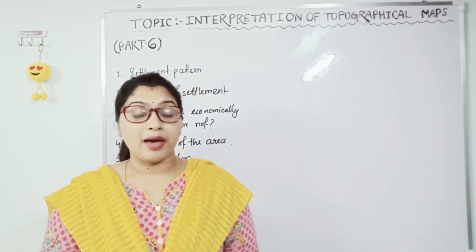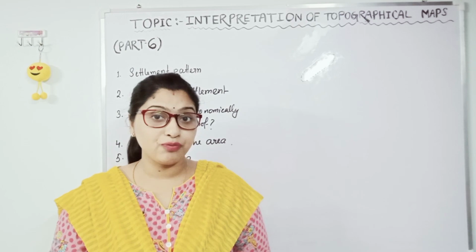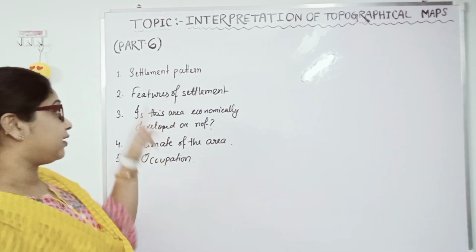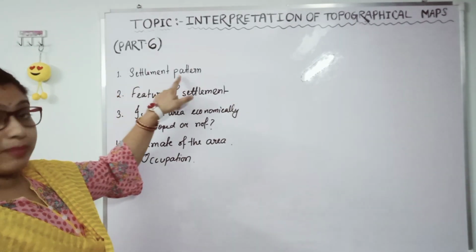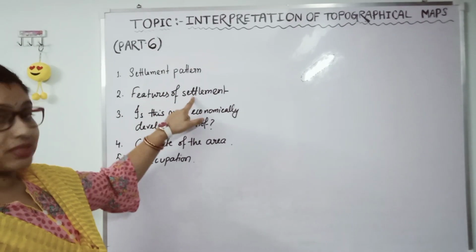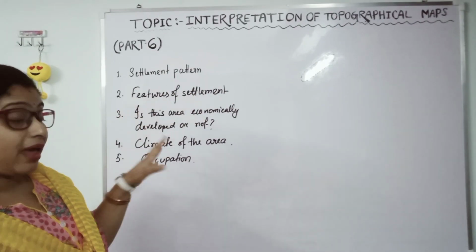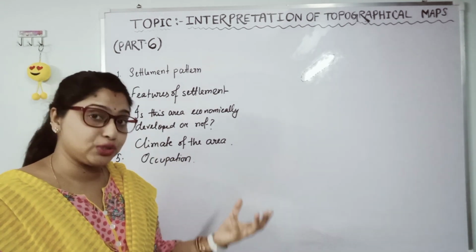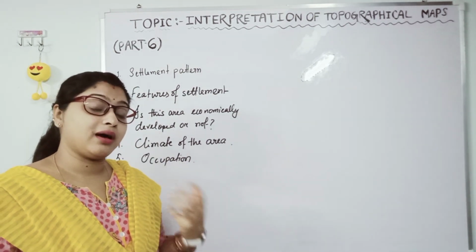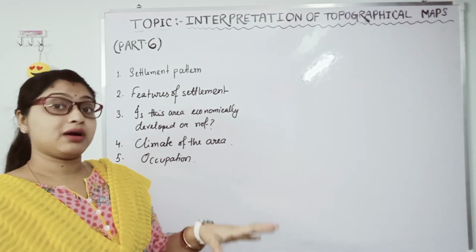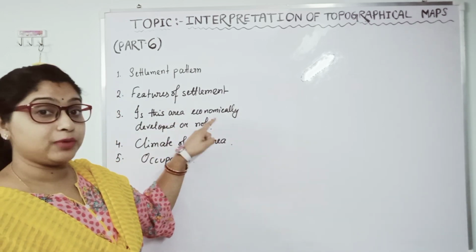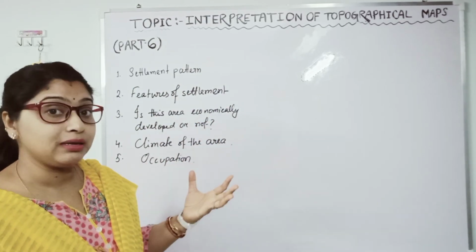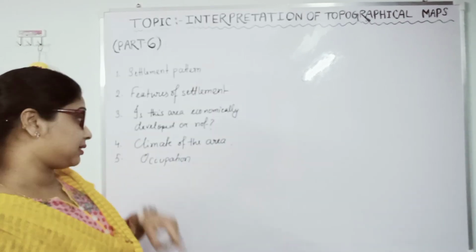Today I am here with some new points, new information. I have already written today's topic of discussion. First I will discuss the settlement pattern, then features of the settlement. Then, if any area is given to you in the exam, it can ask whether this area is economically developed or not, so for that you have to know how to find out those characteristics.